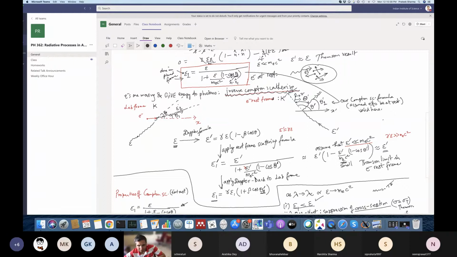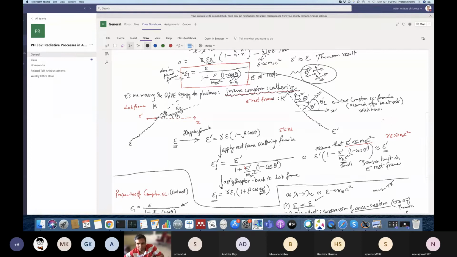And if epsilon 1 prime is equal to epsilon prime, where 1 stands for after scattering, then epsilon 1 is just obtained from epsilon 1 prime by applying the Doppler boost back to the lab frame, which is just this.